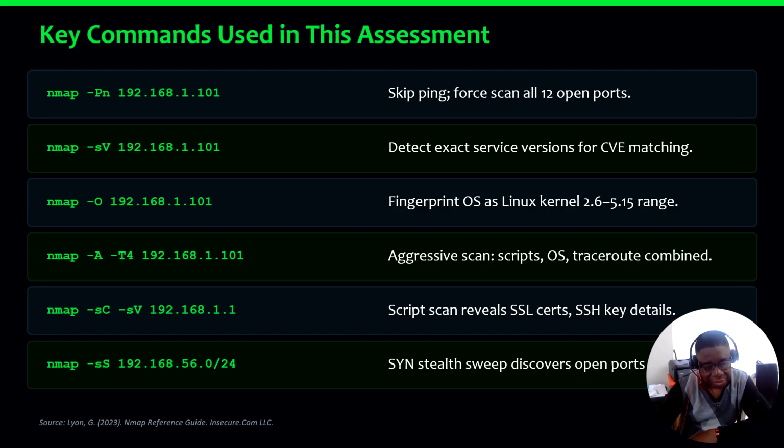Then nmap -A -T4 192.168.1.101 is the aggressive scan, which uses scripts, operating system detection, and traceroute combined. Then the other two commands using Nmap.